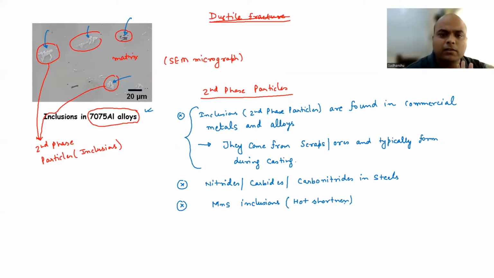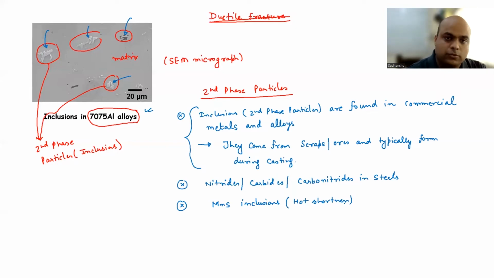Overall, you have the presence of second phase particles in all types of commercial metals and alloys. Typically, under the applied stress, these second phase particles are going to be the initiation sites for void nucleation.